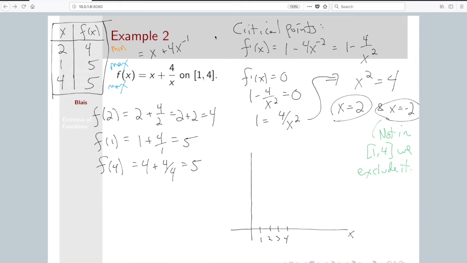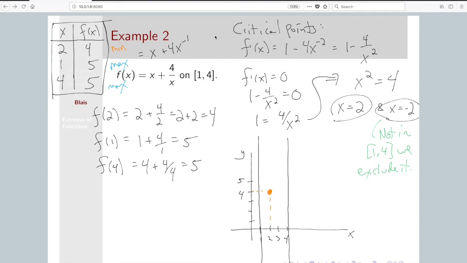So if we were to draw this, and we still have to learn a little bit more math before we start really sketching functions, we see here that this function has its minimum value at (2, 4). And again, remember, we are restricting to the interval [1, 4] here.